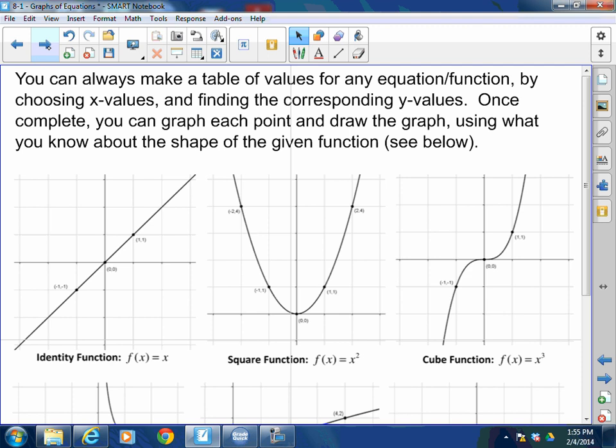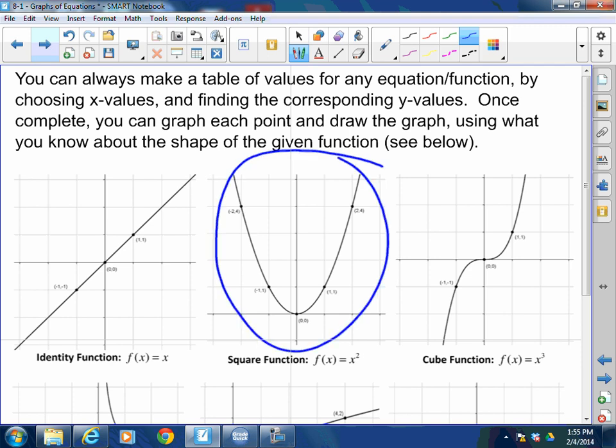So for example, if you know that you're dealing with a quadratic when x is squared, and we're going to deal with all of these specifically, don't worry, I promise. But when x is squared, you better know that it's going to be a U-shaped graph. So if you have points that plot like this, you don't go like this. That's not it. You better know that it is a U-shaped graph. Oh, okay, that's the U-shape.